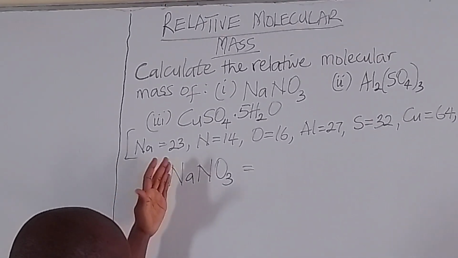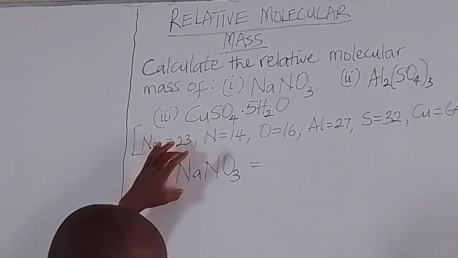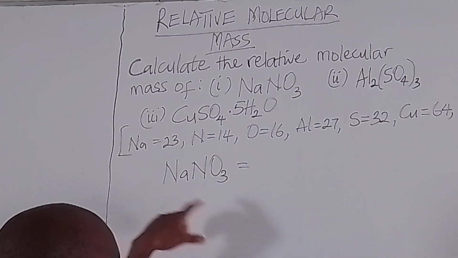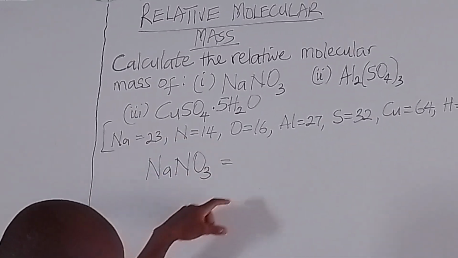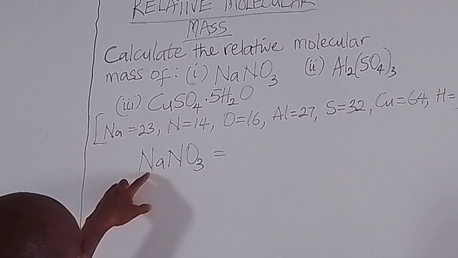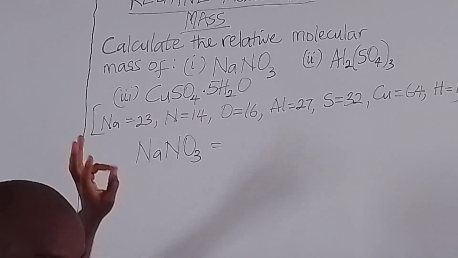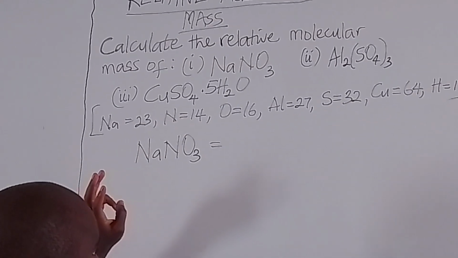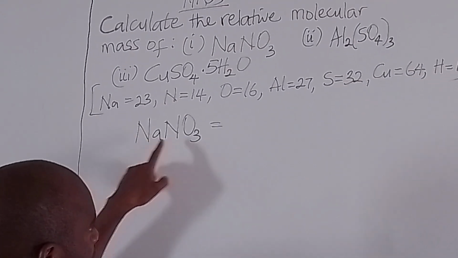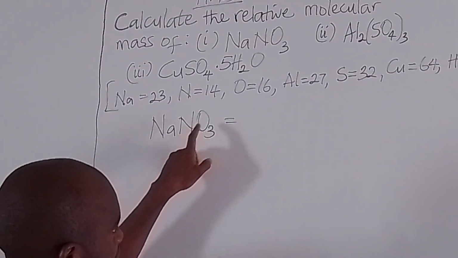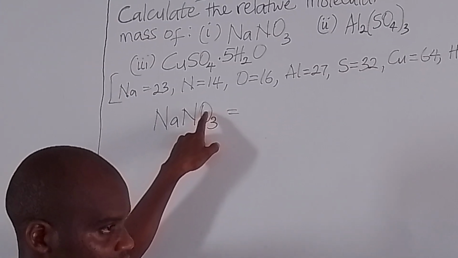That's, you take the summation of the mass number of all the elements that make up the compound. For example, in sodium trioxonitrate 5, we have 3 elements. There we have sodium, we have nitrogen, and then we have oxygen.